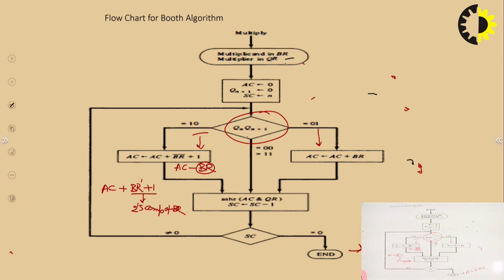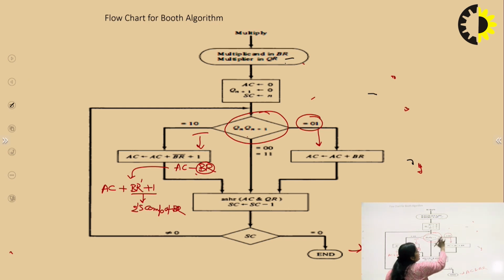So, whenever we subtract any value from a register, AC minus BR, the AC value stays the same, and the other register value is considered as a 2's complement, that is, the 2's complement of BR. After that, the arithmetic shift right is applied on AC and QR.